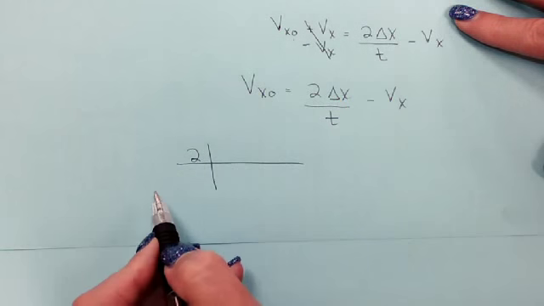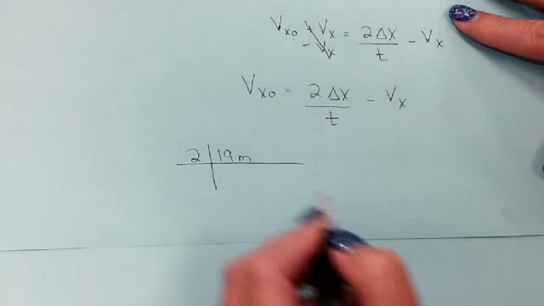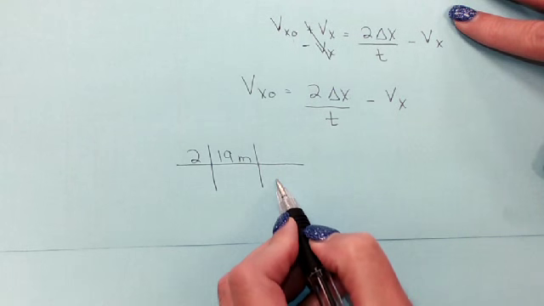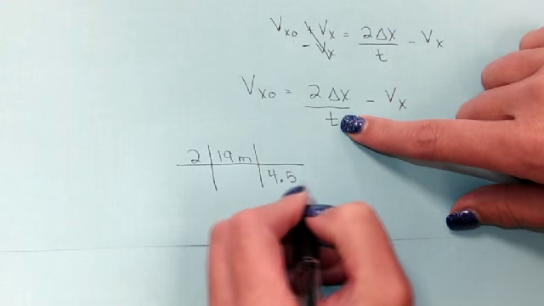So 19 meters minus 0 meters is 19 meters. And then t goes on bottom, so divided by 4.5 seconds.